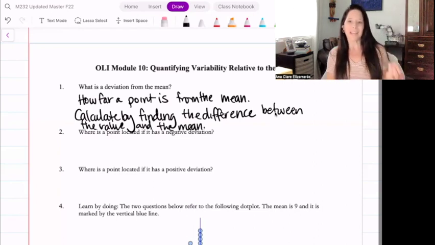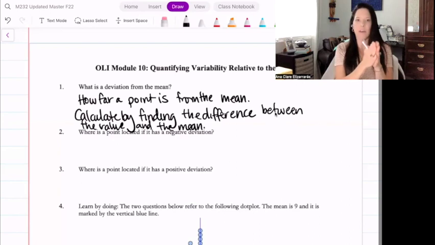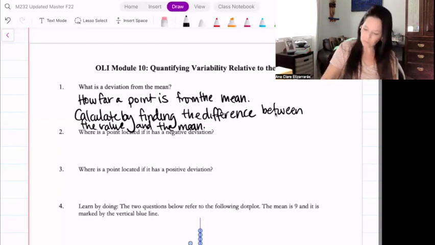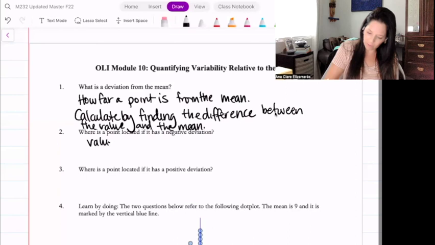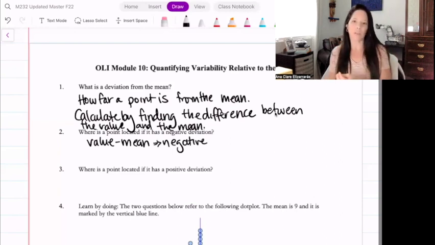When you have a negative deviation, that means that the point is below the mean, because if you're taking some value minus the average, whenever you get a negative, that comes from the first value being smaller than the other value. So if we're taking the value minus the mean, and this is negative, that means that the value was smaller than the average.